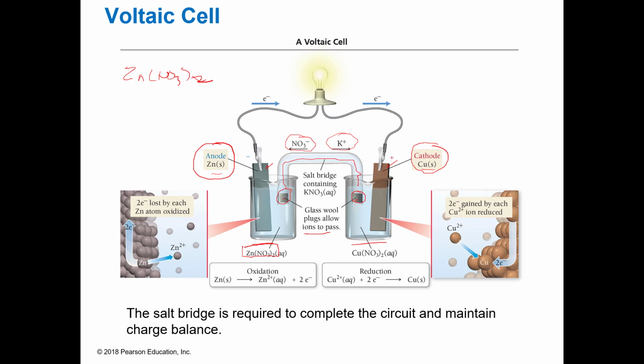It doesn't hurt. So what happens here is the zinc in the metal electrode is oxidized. The zinc is oxidized into zinc 2 positive and 2 electrons are released. Again, oxidation. Oxidation occurs at the anode in a voltaic cell.